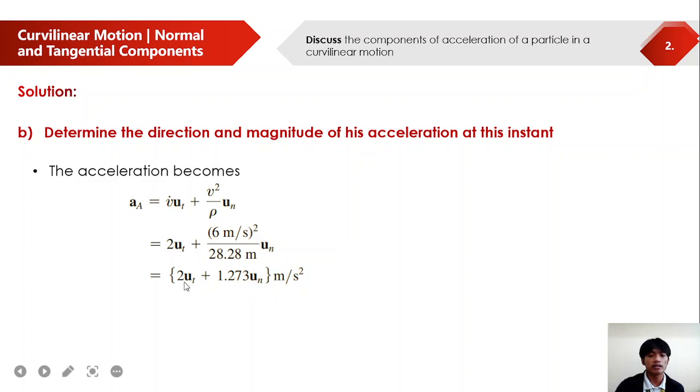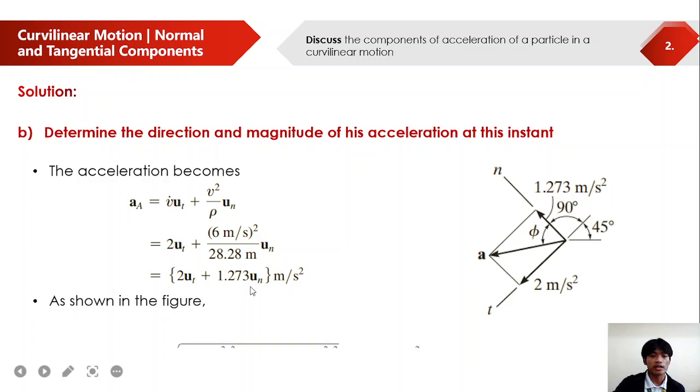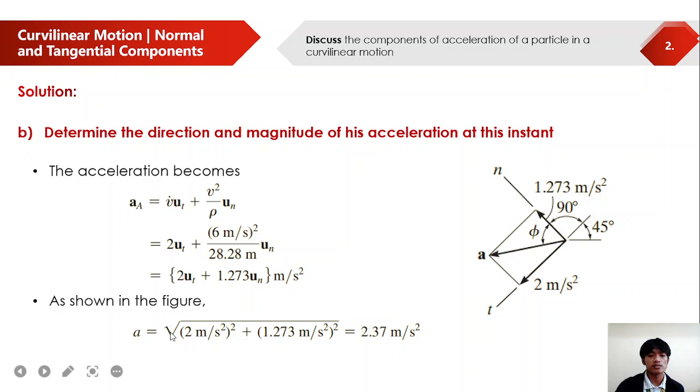So you have a tangential component, which is 2, and a normal component, which is 1.273. Therefore, you can solve for the magnitude of your acceleration by using the resultant vector, which is the square root of the tangential component 2 squared plus 1.273 squared, equals 2.37 meters per second squared.